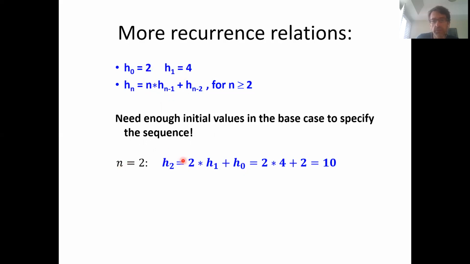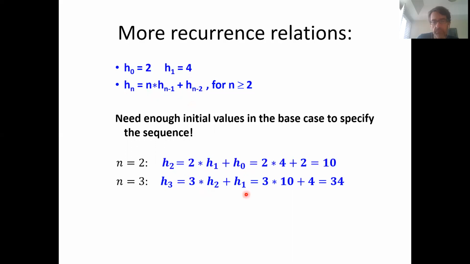So for n equal to 2, what is h2? That's 2h1 plus h0. That's this formula, right? And since I know what h0 and h1 are, I just put them in and I evaluate. N equals 3. What's this formula? That's 3 times h2 plus h1, because n is 3.